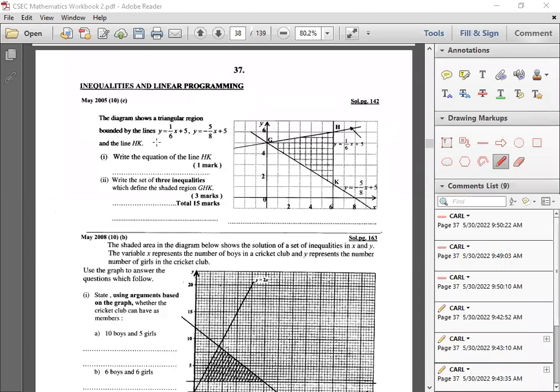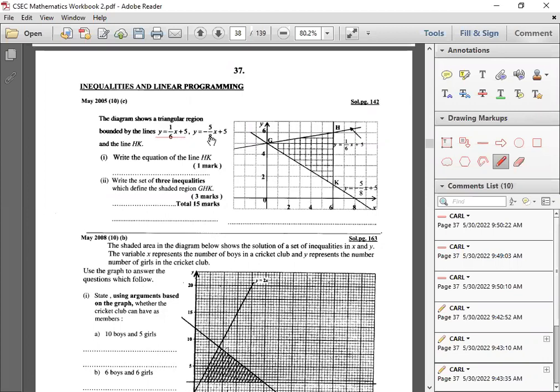So we're given 3 lines in our graph. 2 of these lines were given equations, and then we're asked for the equation of the third line.